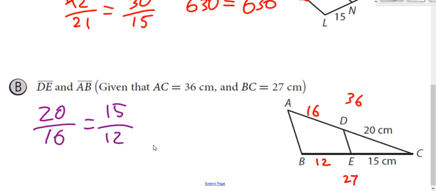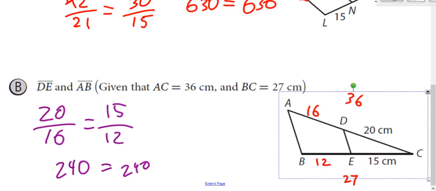Or you could cross multiply 16 times 15 is 240, and 12 times 20 is 240, and that also shows that they're proportional. So the sides AB and DE are parallel because the sides are proportional.